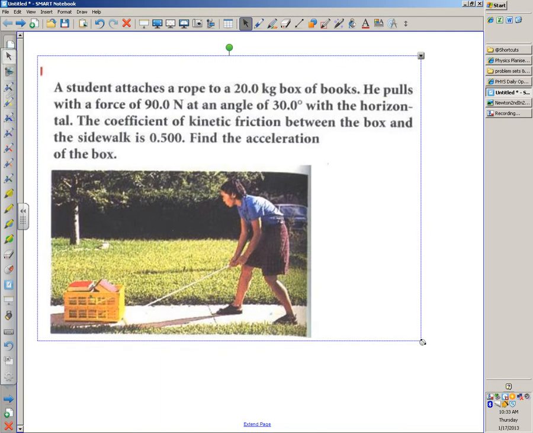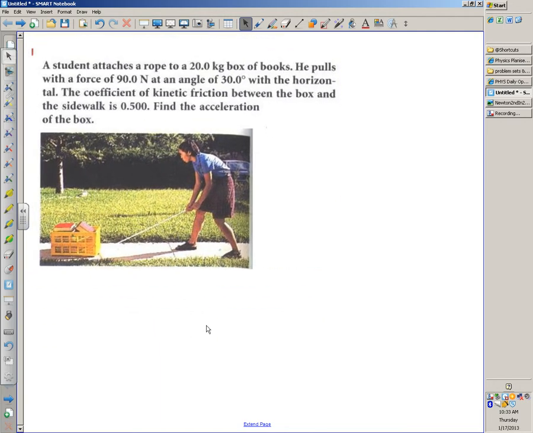Let's shrink this up a little bit. So it says, a student attaches a rope to a 20-kilogram box of books. He pulls with a force of 90 newtons at an angle of 30 degrees with the horizontal. The coefficient of friction between the box and the sidewalk is 0.5.